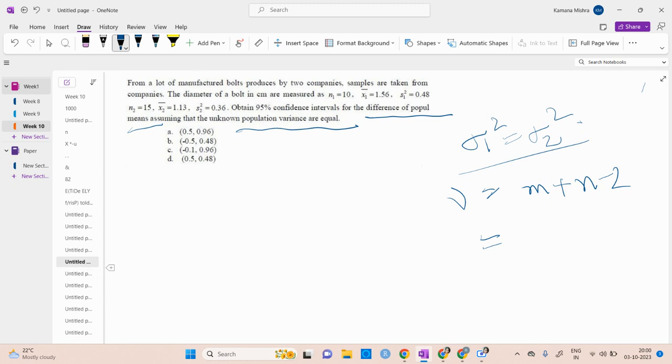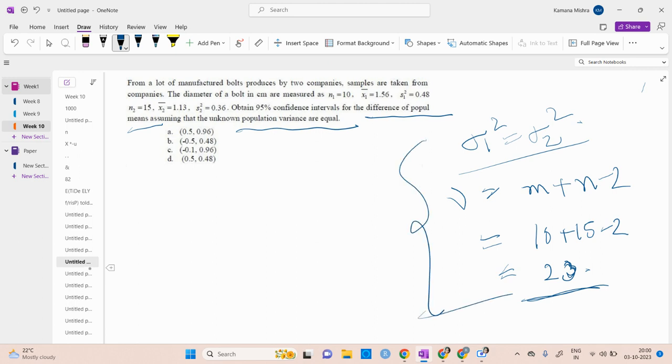So here it will be 10 plus 15 minus 2, so it will be 25 minus 2, right? 23. So here you have new is given, x1 bar, x2 bar, all the other things are given already. So that one was just different in this question, so that you can find it. Okay.